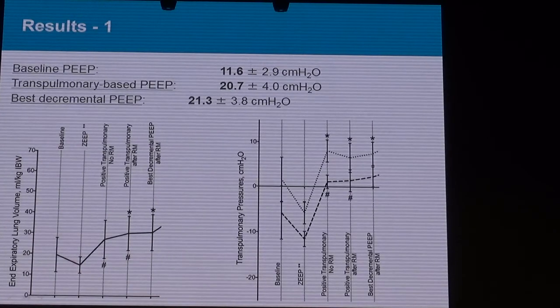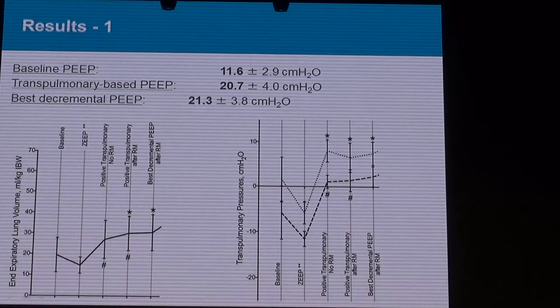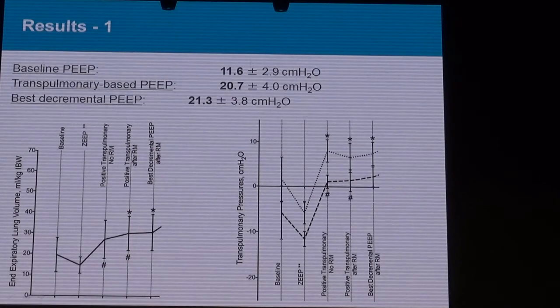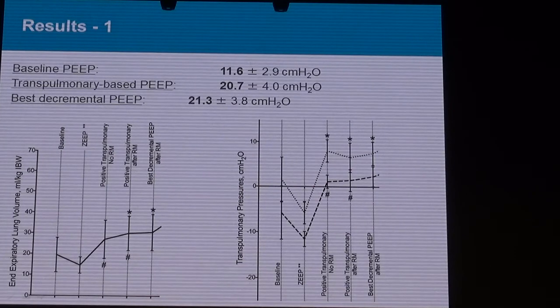The transpulmonary pressures were extremely negative both in inspiration and during exhalation, at baseline and at zero PEEP. But when PEEP was raised, both by decremental PEEP trial and by transpulmonary pressure, we had positive pressures.